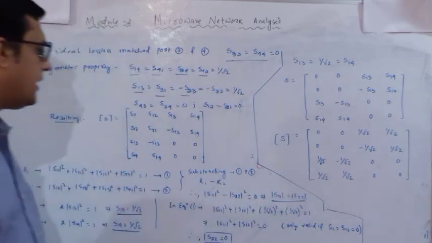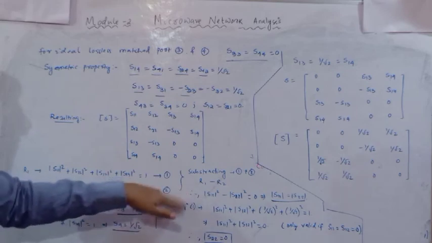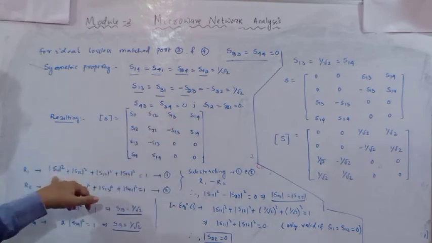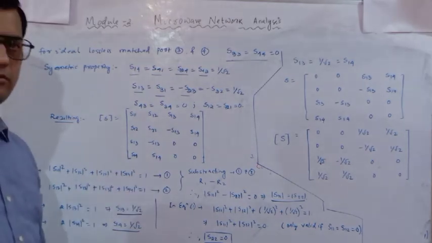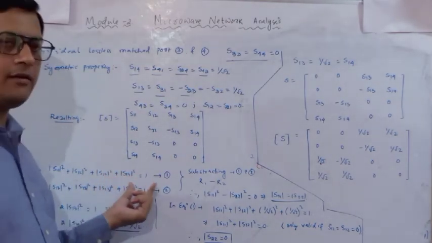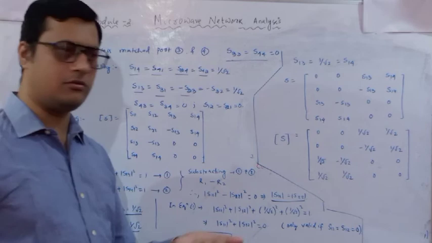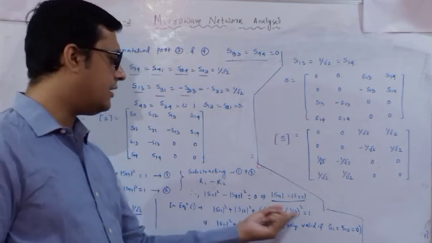Next, if we substitute all these parameters in equation 1, S11 square, S12 square, S13 square and S14 square, where S13 and S14 are 1 by root 2, 1 by root 2, you will get around 1.